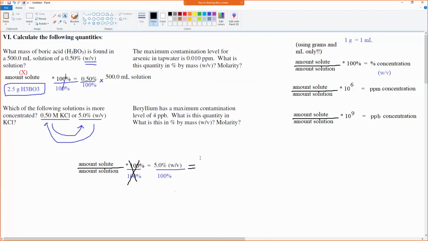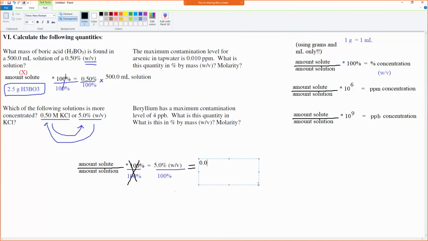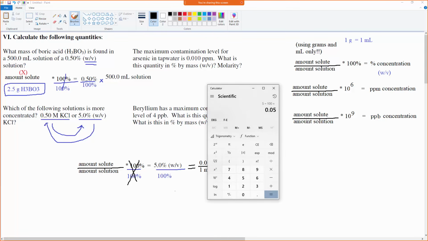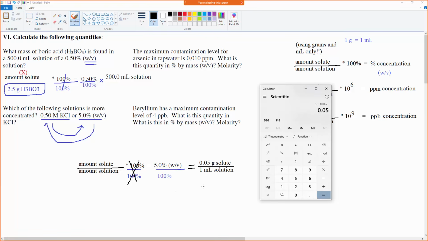So that is equal to 0.05, and this was weight per volume, and that's amount over amount, and I have to use grams and milliliters. So what that really means is 0.05 grams of solute divided by 1 milliliter of solution. Do you guys see what I did there? That 0.05 has to be the same as 0.05 divided by 1.